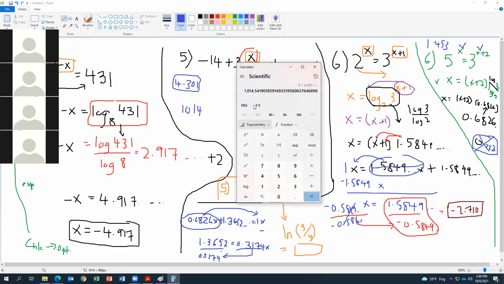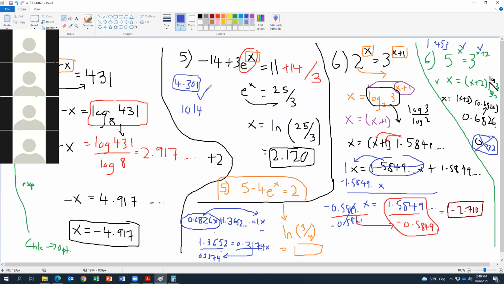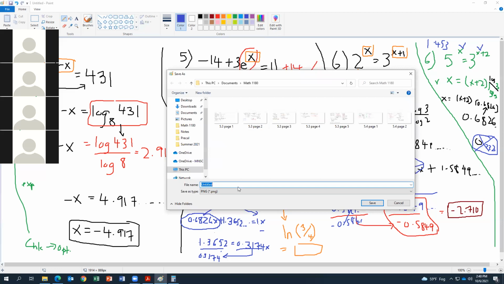And then 3 to the power of what? 4 plus 2 is 6, right? 6.301. Yep, looks good. 1014. So this is correct. Questions? Anyone have any questions? All right.